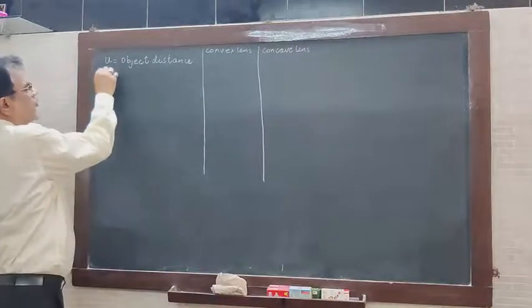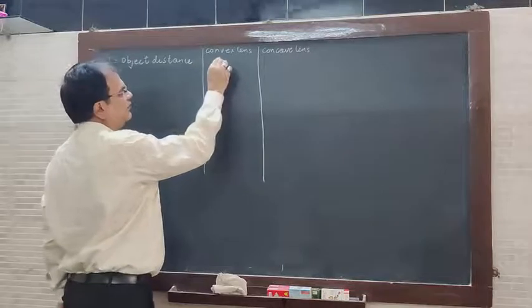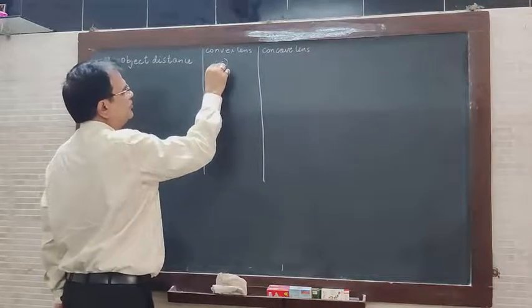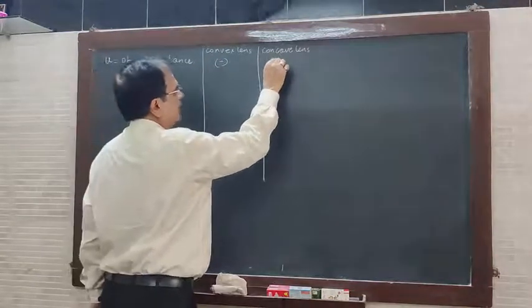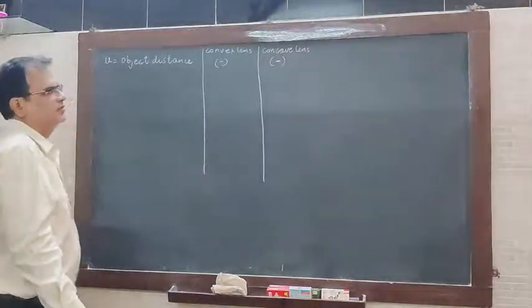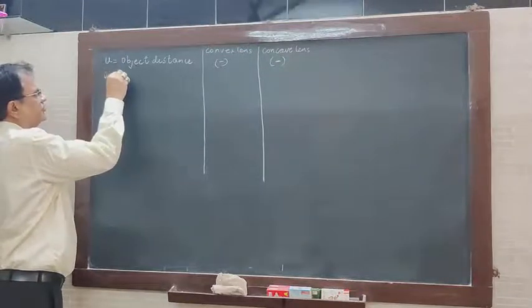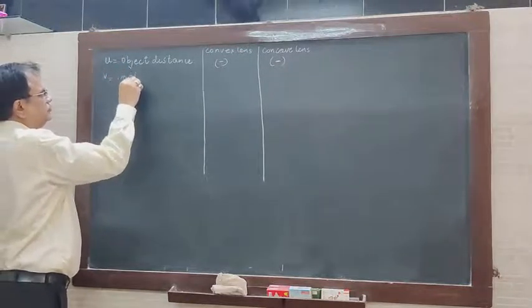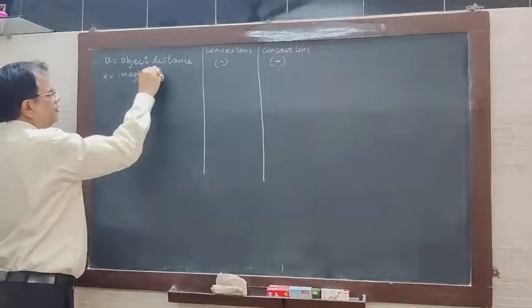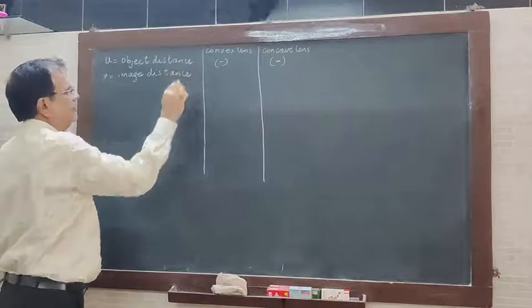Object is always kept on the left hand side of the lens, so the object distance is always negative. So minus for convex lens also and minus for concave lens also. V stands for image distance, distance of image.